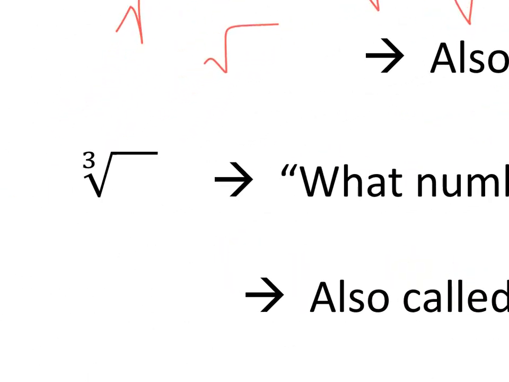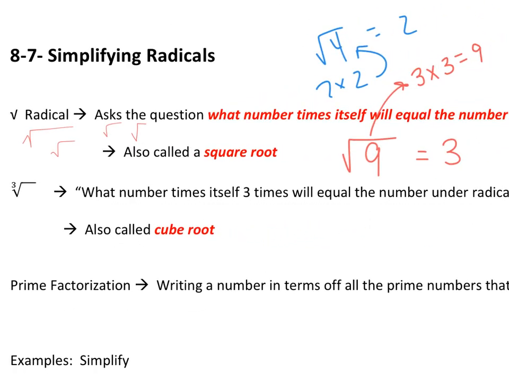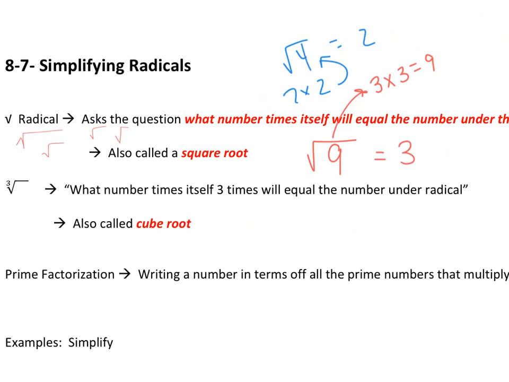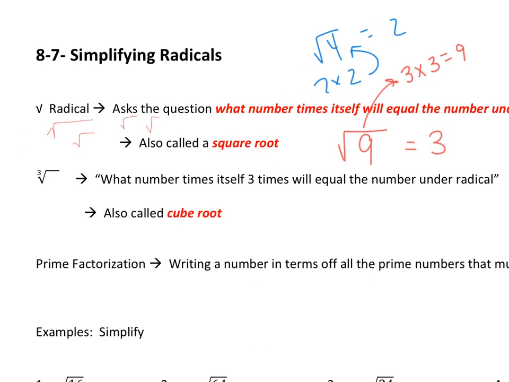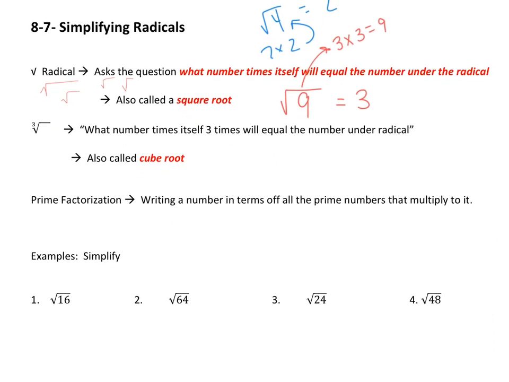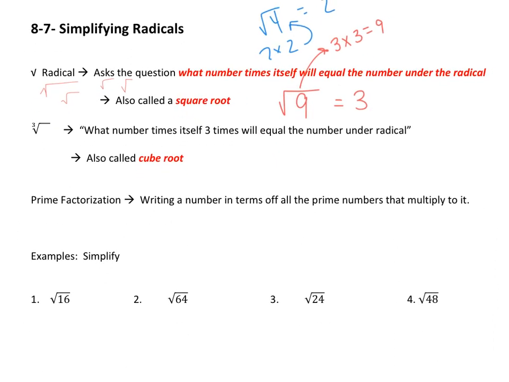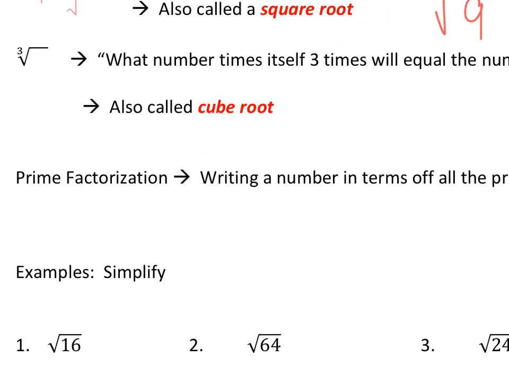This thing right here is called the cube root. That's basically saying what number times itself 3 times will equal the number under the radical. The way we're going to approach radicals is simply by doing prime factorization. We just write the number in terms of all the prime numbers that multiply to it.